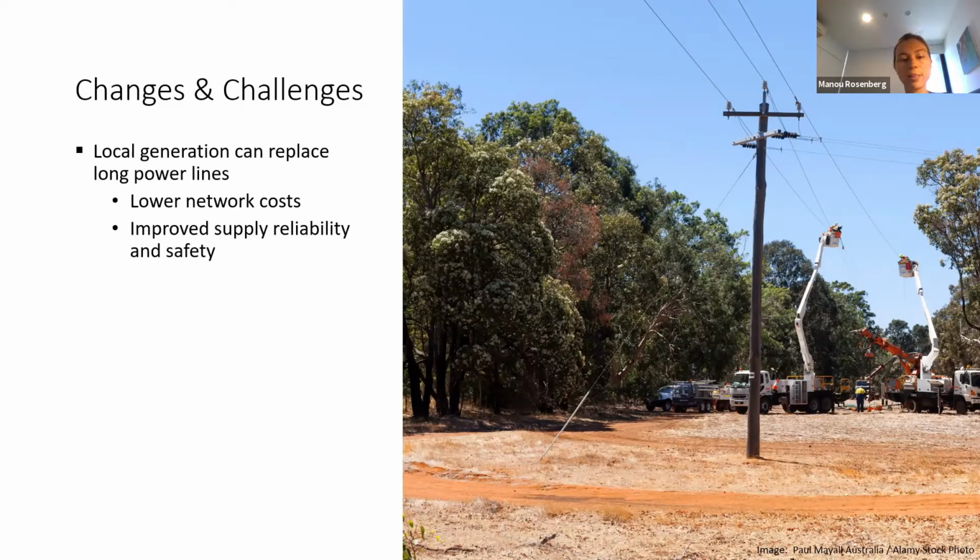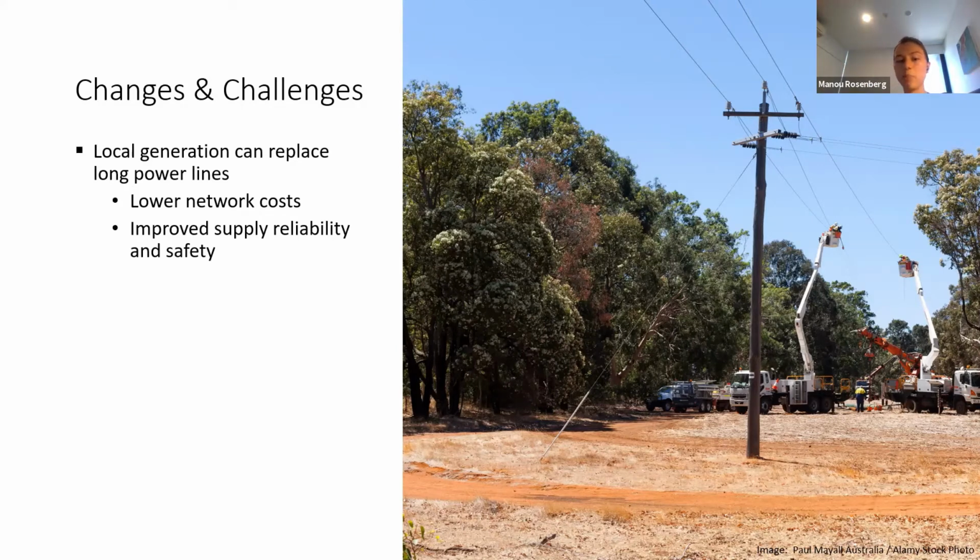Some facts, because I'm studying in Western Australia, so I'm more familiar with the Western Australian network. We have our network around Perth, but also including some remote areas, operated by Western Power.